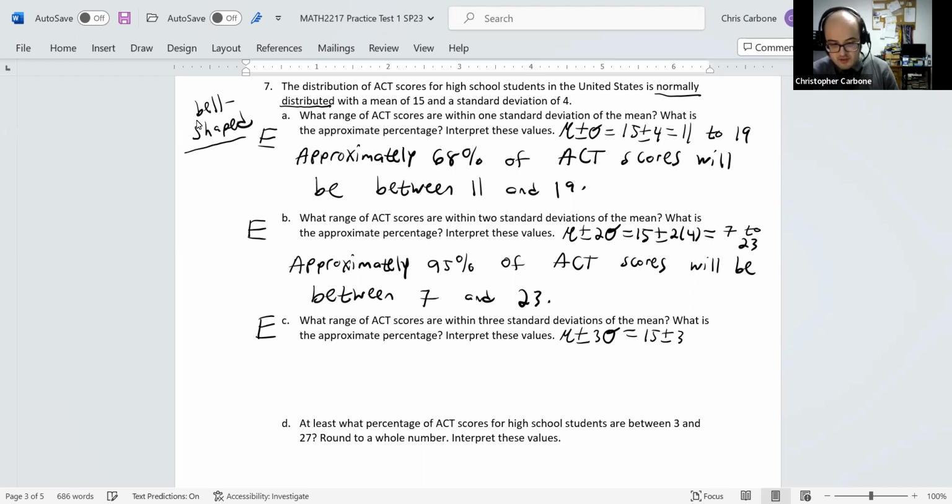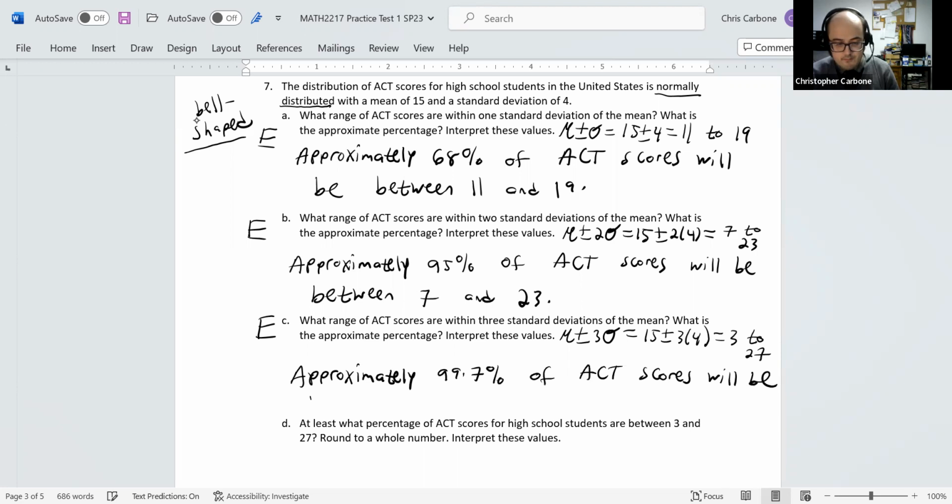So we're adding and subtracting 12. This is going to make 3 to 27. And based on the 3 standard deviations, this would be approximately 99.7% of ACT scores will be between 3 and 27.